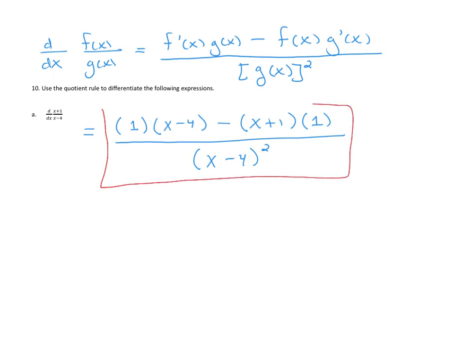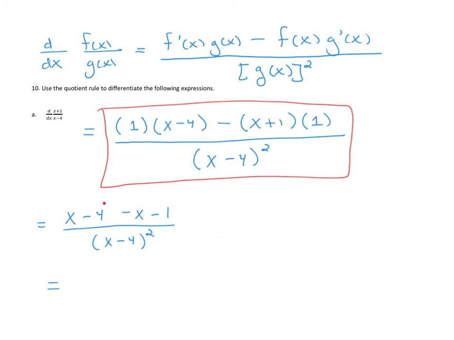There's nothing wrong with this. But if you want some practice simplifying it, okay, the numerator is really x minus 4, and then this 1 is unnecessary, and I can distribute this negative to both of these terms, and so you get minus x minus 1 all over x minus 4 squared.